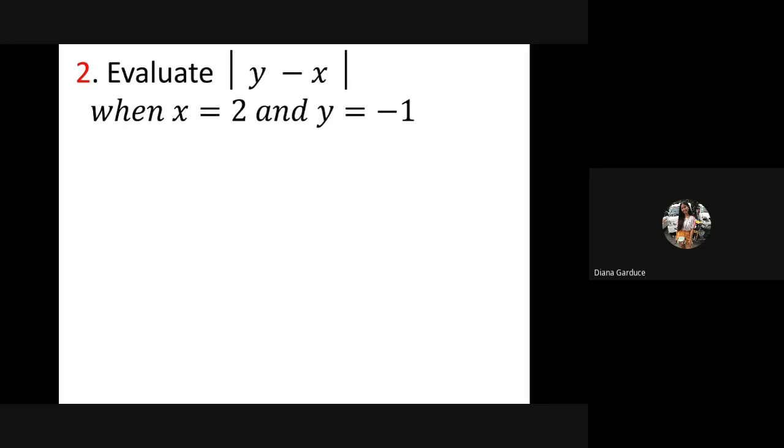Now, are you familiar with the symbol? Itong bar line na nasa magkabilang side ng y minus x. Who can tell me what is that symbol? Ito po, ano symbol yan?